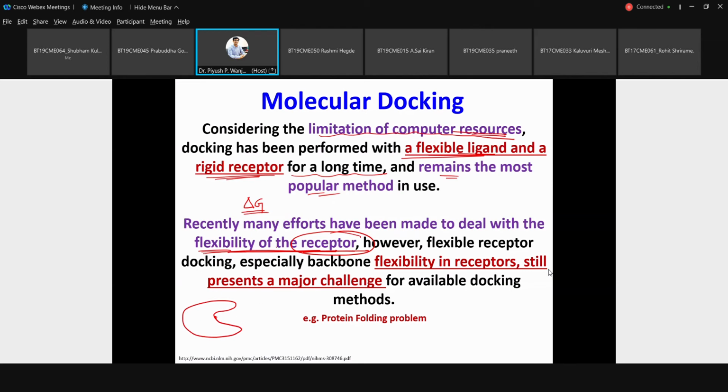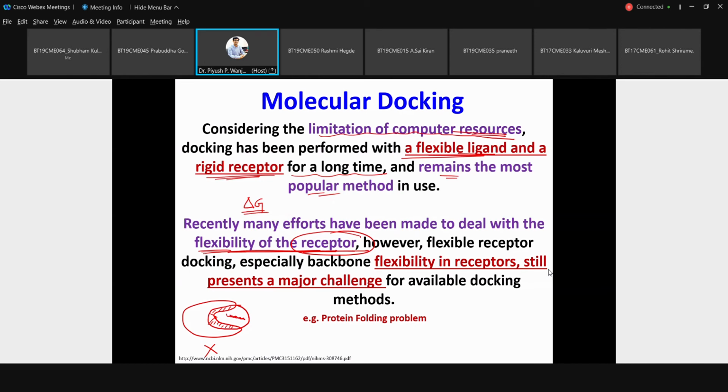So there are some other approximations. Now you have to move towards more accuracy, but you do not want to consider everything to be rigid. So the part of the receptor which might be interacting a lot with the ligand structure, only this particular part you can make flexible, and the other part, which is not going to interact with the ligand a lot, can remain rigid.